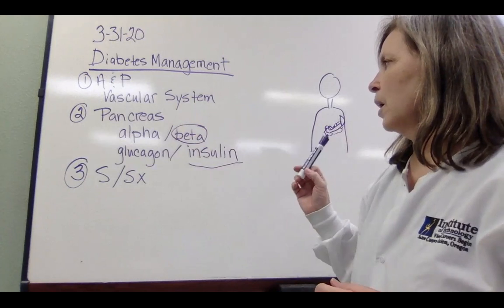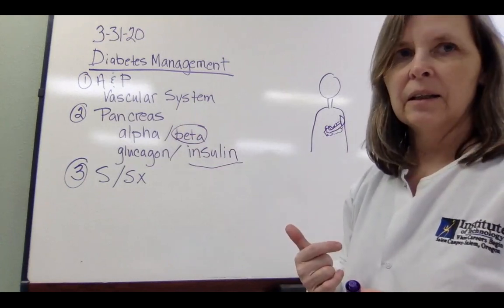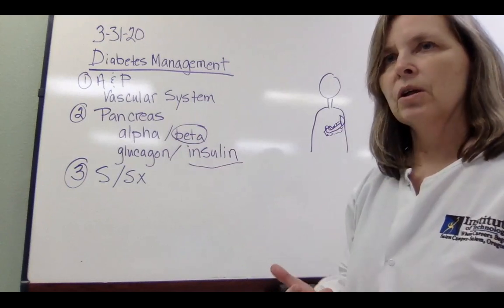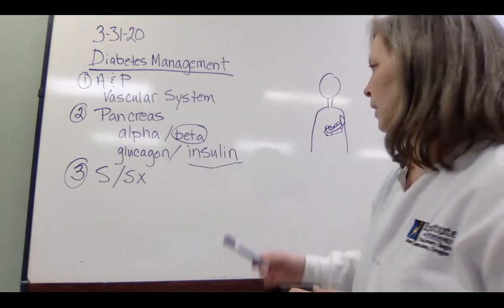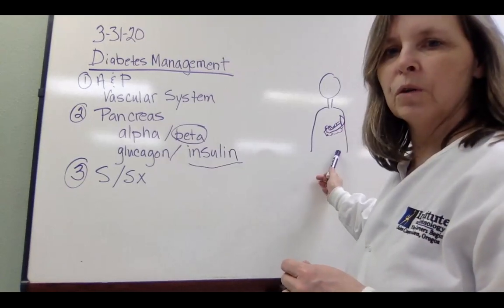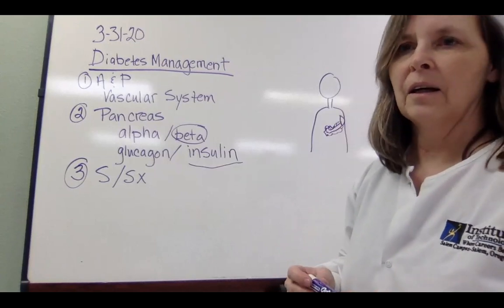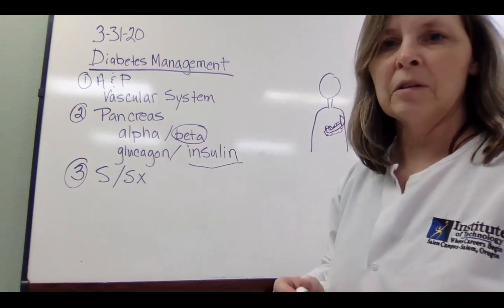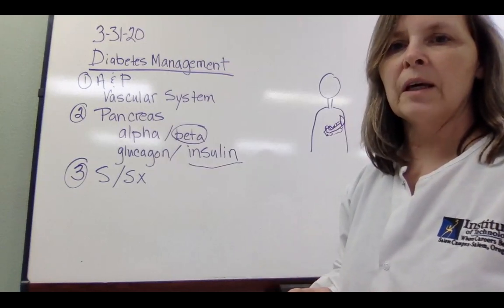And when you intake too many carbs, too much sugar, then of course your pancreas is put to work over and over and over, and it gets a little tired. We become a little insulin resistant. It can't produce as much as we're taking in.